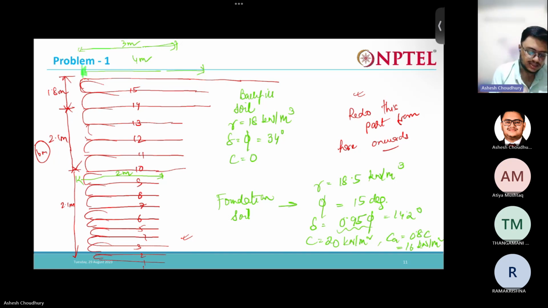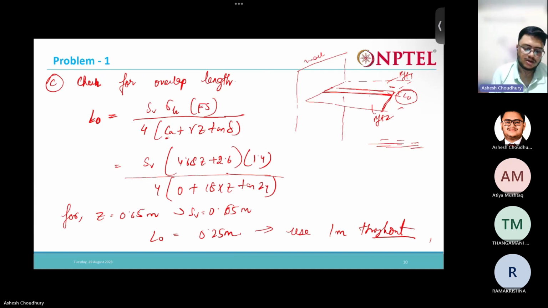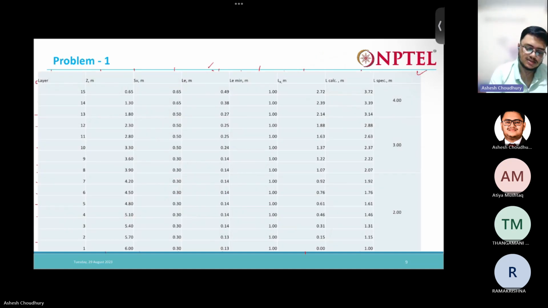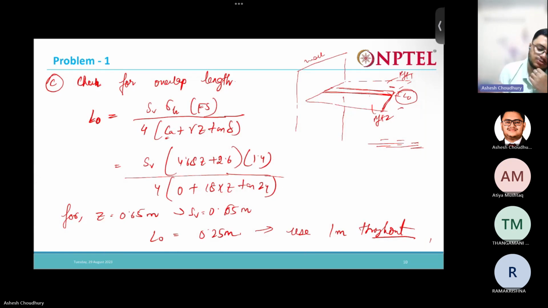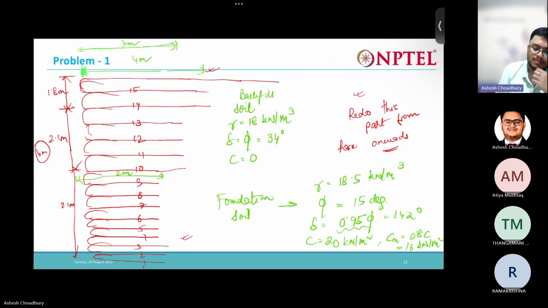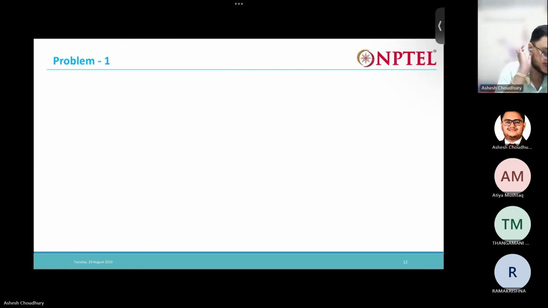Because what I see here, what they have chosen, these lengths are not correct. They do not agree with the results that we have specified here. So I suggest you do it by yourself again, but now I will be following this and showing you how to do the calculation.